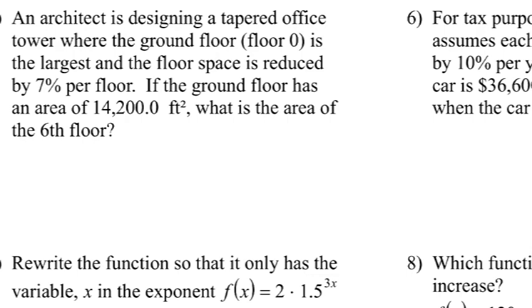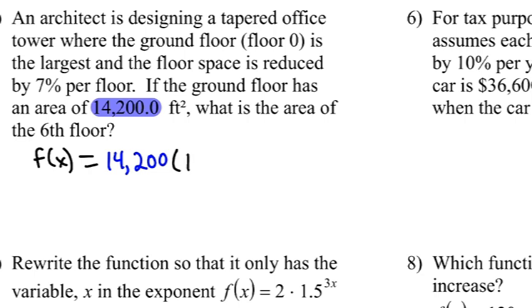So again, here we'll do f of x again. And I hope you're seeing the pattern here that whatever the starting value is, the value when x is 0, that goes first here, 14,200. And then we do 1.